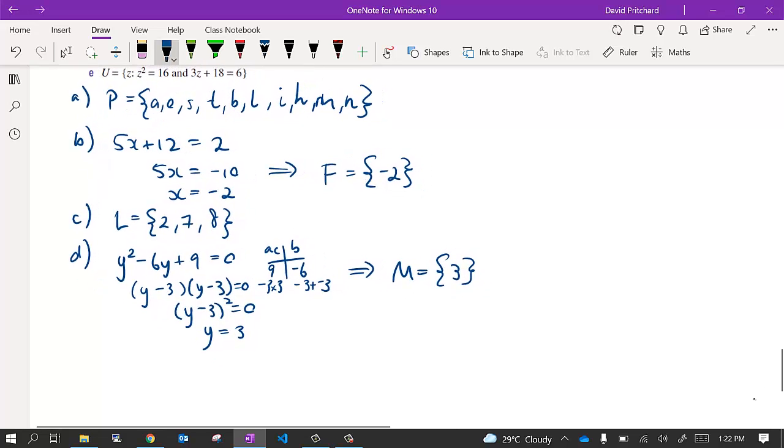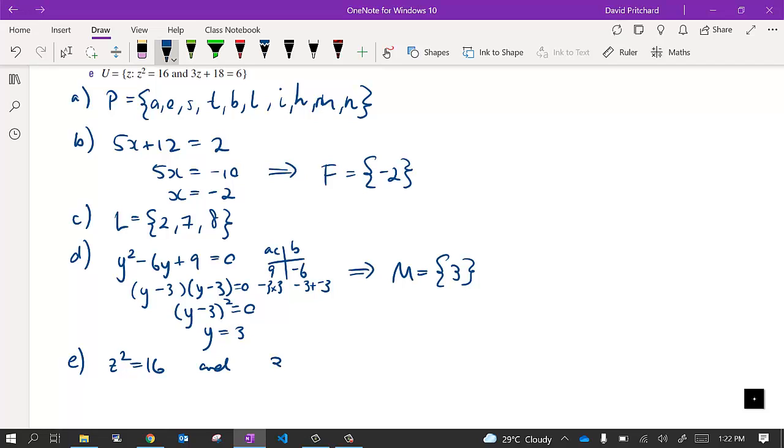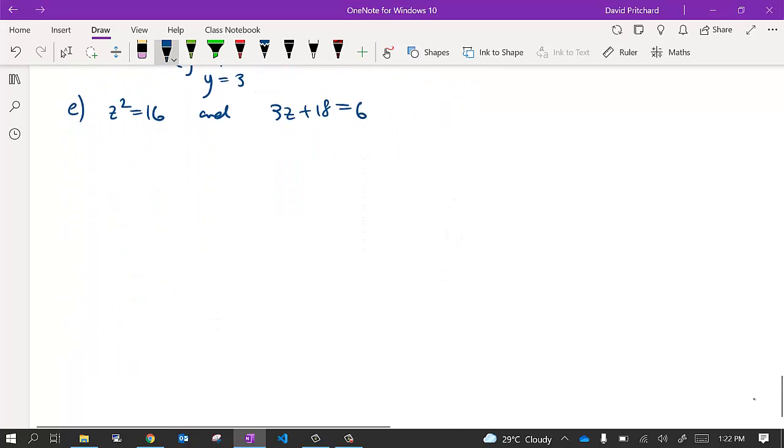Now, our last one is we've got another one of those and symbols. So we've got z such that z squared is equal to 16, and 3z plus 18 is equal to 6. So if we solve both of these, first of all, z is equal to plus or minus the square root of 16, which is plus or minus 4. And if we solve the other side, we've got 3z is equal to negative 12.